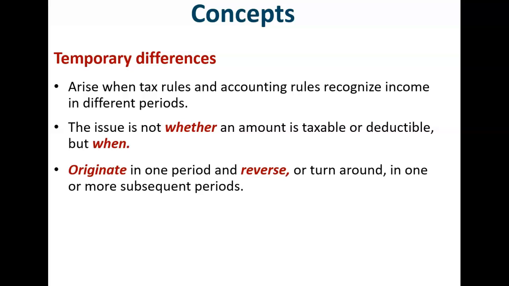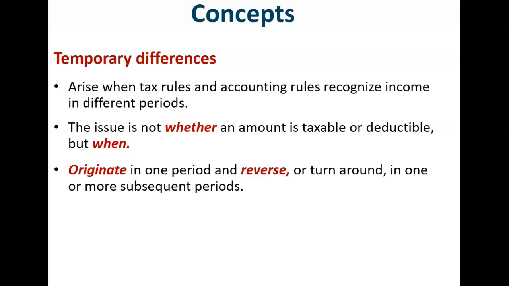An income statement and a tax return both include revenues and expenses, but differences between financial accounting standards and tax rules create temporary differences between pre-tax accounting income and taxable income. For temporary differences, the issue is not whether the amount is taxable or deductible, but when it is deductible.